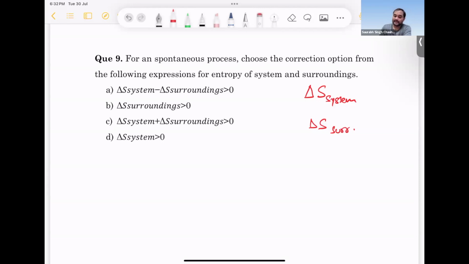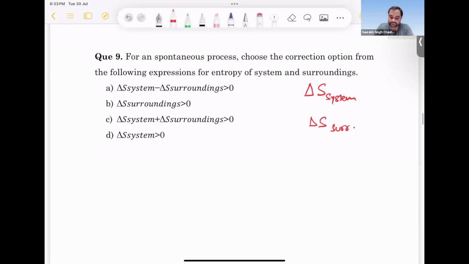A spontaneous process means a process which is happening spontaneously, which does not require any trigger or any external support. It is happening by itself. These types of processes usually occur when there is free energy generation, or the system tends to achieve a more thermodynamically stable state. But anyways, that is not required even to answer this question.